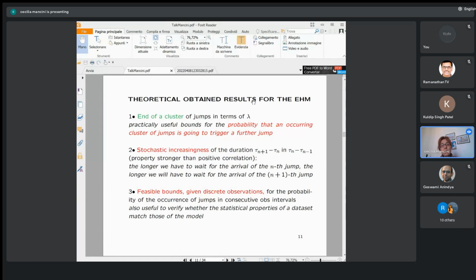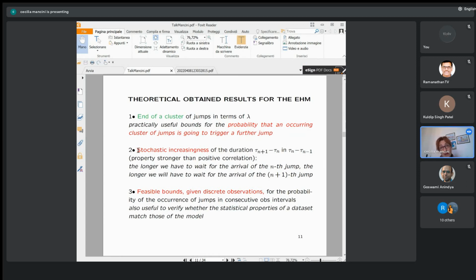We obtained the following three theoretical results. First, we defined the end of a cluster of jumps in terms of the intensity lambda, which is useful in finding bounds for the probability that an occurring cluster of jumps is going to trigger a further jump.